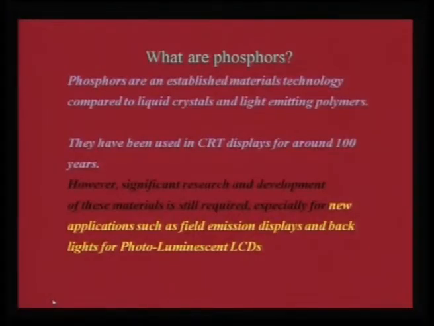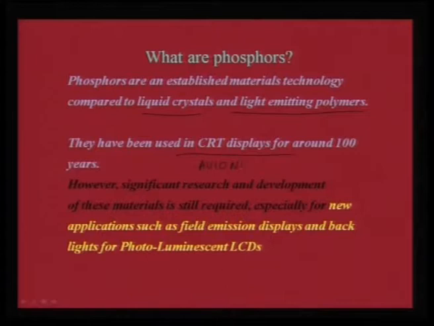These phosphors are an established materials technology compared to liquid crystals and other light emitting polymers, and they have been used in the cathode ray tube displays for around 100 years now. These phosphors are also used in avionic tube applications and avionic displays, and all the screens that you see in a cockpit are totally driven by CRT tubes, and those CRT tubes are usually 6-inch displays.